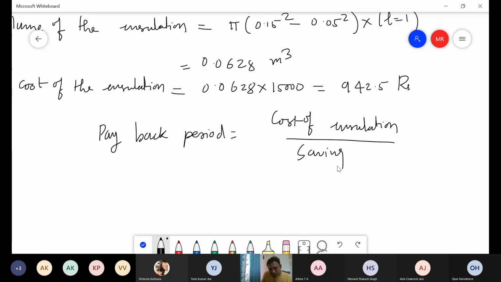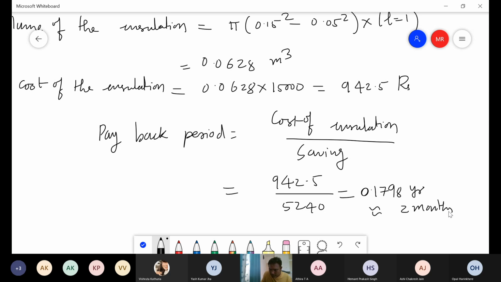So this becomes 942.5 divided by 5240. This comes around 0.1798 year, which is equivalent to 2 months. Is it clear? So the payback period is around 2 months.